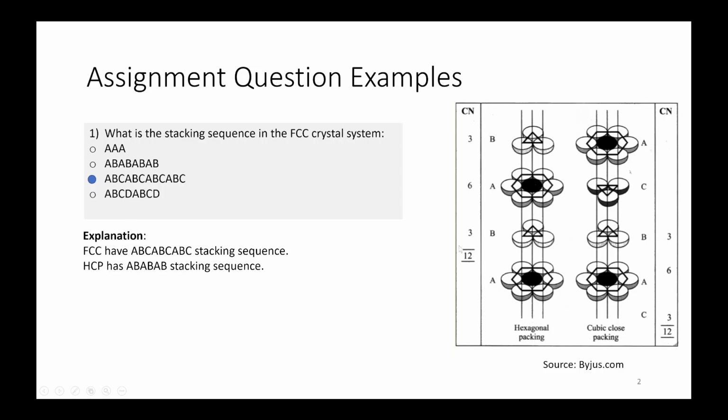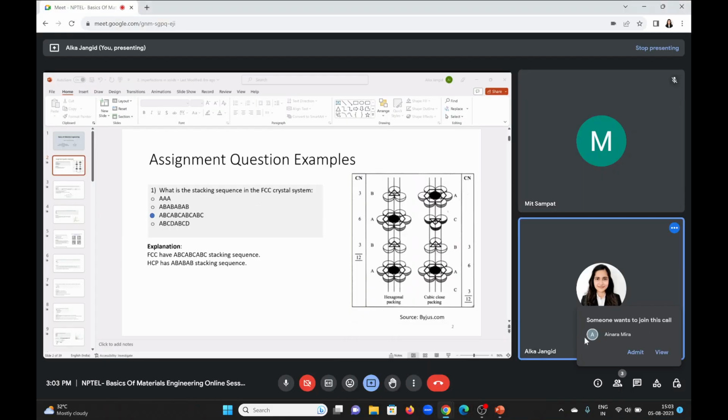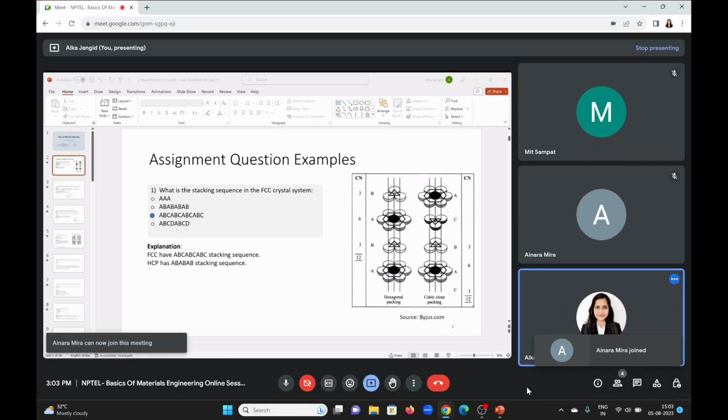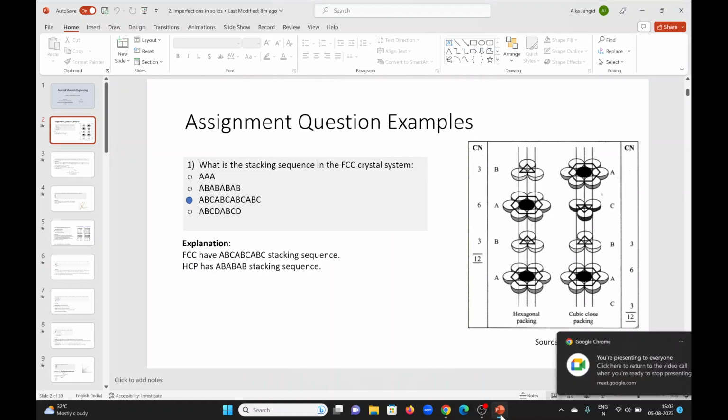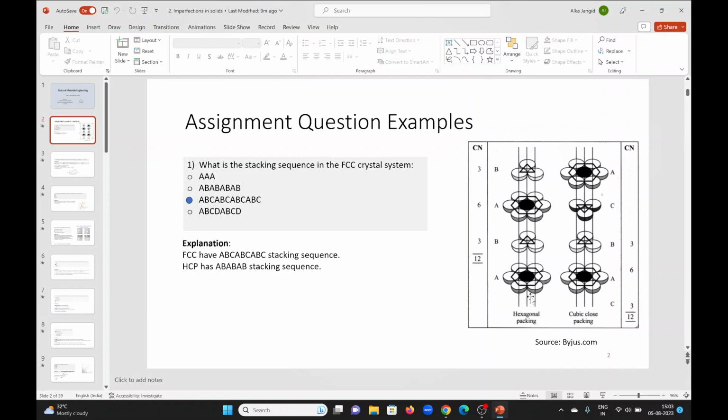Now from here you can see that in case of HCP, along the close-packed direction, for a particular plane you have the atomic positions in this way. Then another plane is B type.